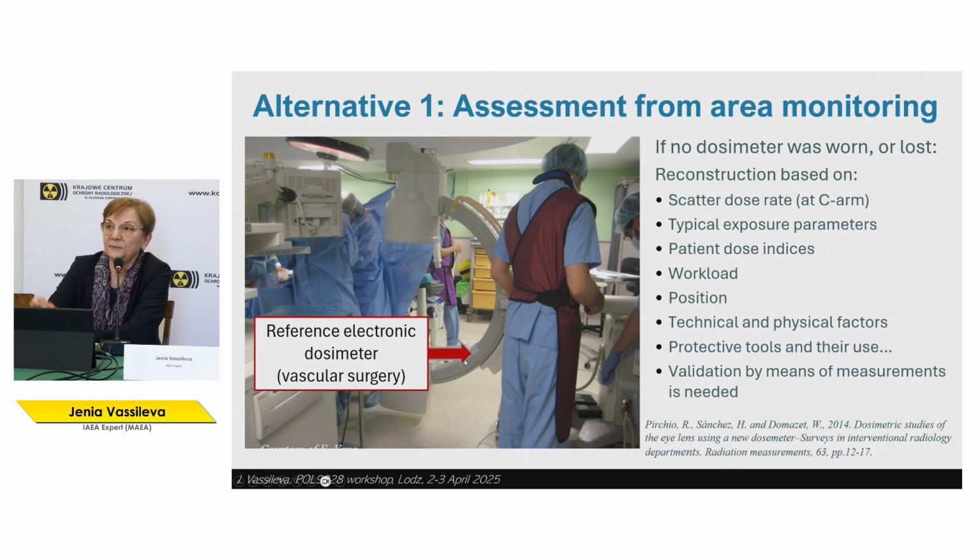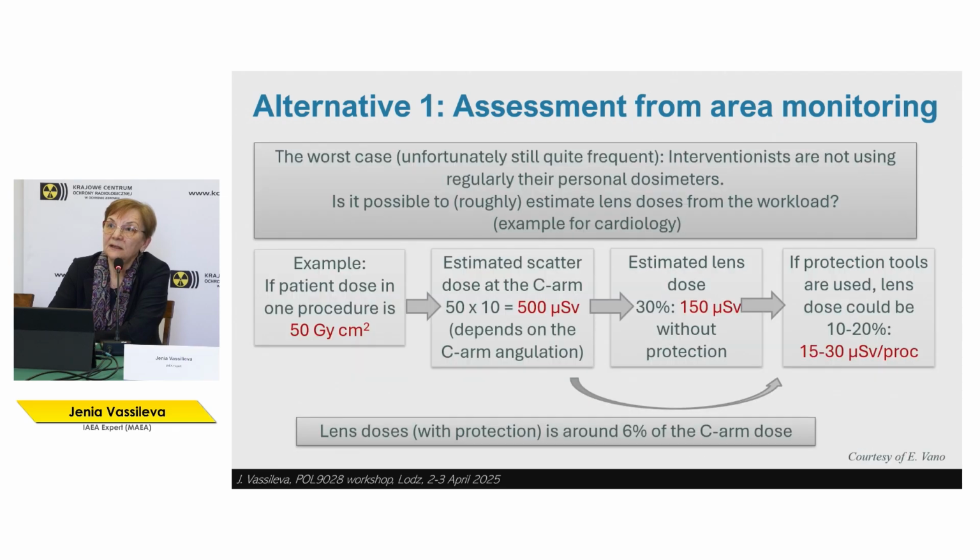And this is an example from San Carlos Hospital again. Here, I borrowed this slide from Professor Vanyo. You see that it's possible to reconstruct the dose if the dosimeter was lost, for example.